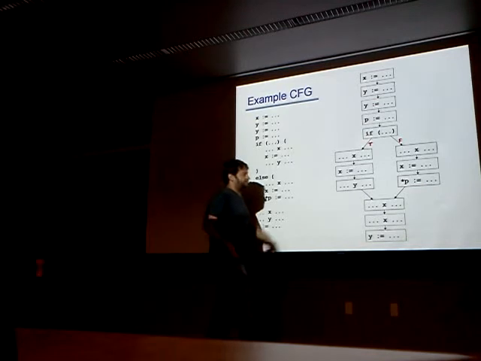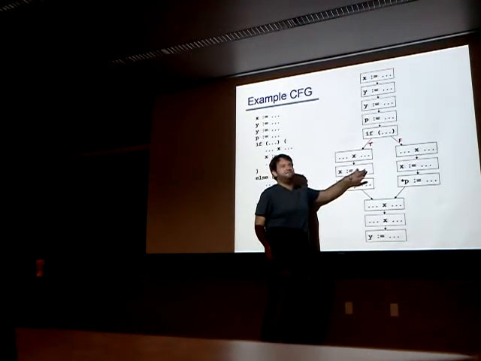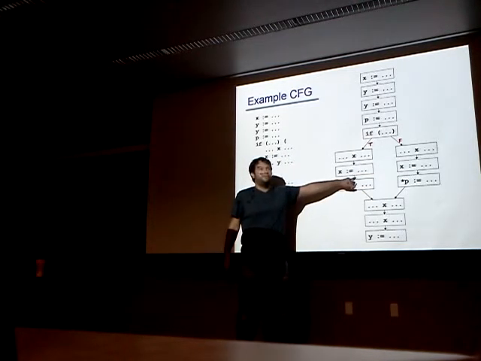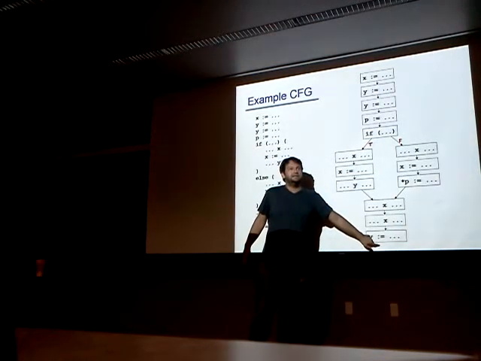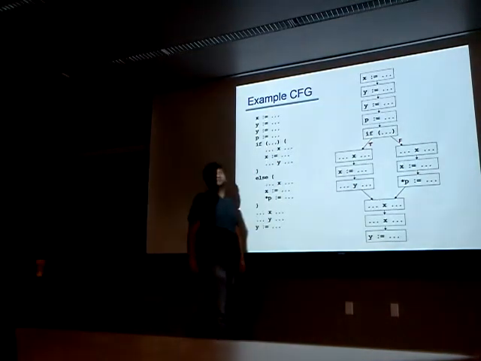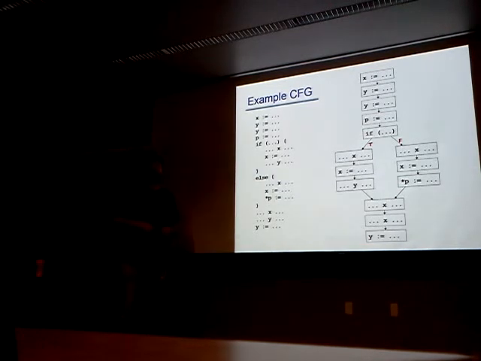So for example, let's say this can throw, some kind of field access that could cause a null pointer exception. You would draw an edge from here to the end of the procedure, saying that this could exit the whole thing with a null pointer exception. Yeah, absolutely. That's how you can accurately model exceptions in this kind of model.